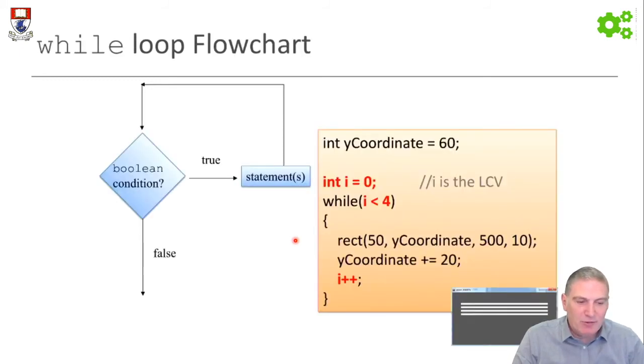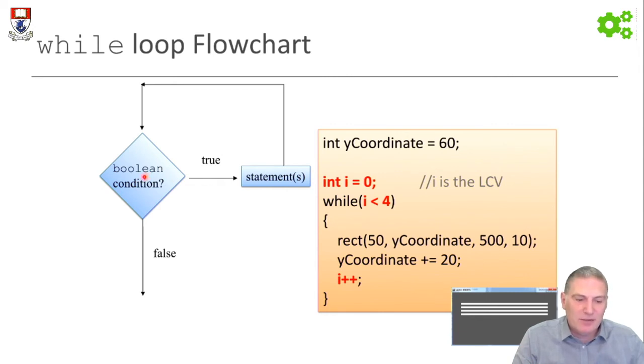Here we have something called a flow chart. Let's take a look at what we mean. We declare the variable I, which is our loop control variable. We're setting it to an initial value of 0, and then we have a while condition, while I is less than 4. So we would test this condition. Is I less than 4?